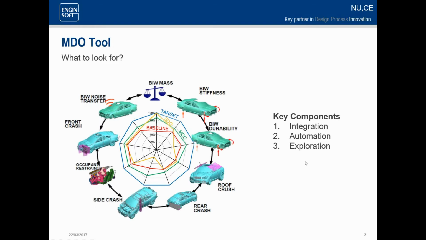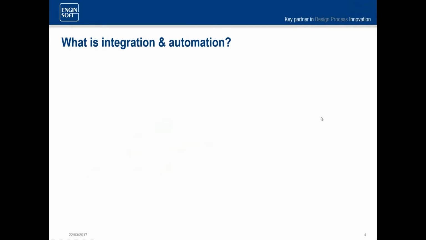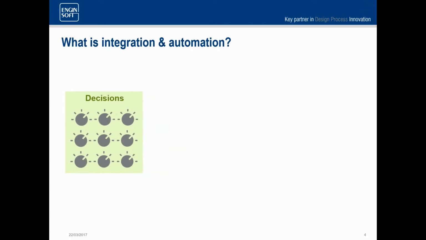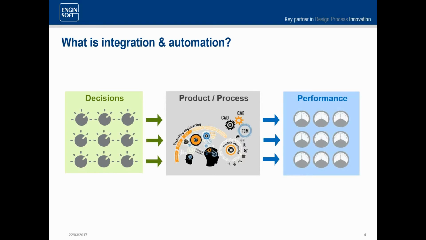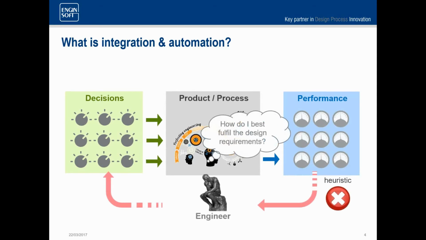The key things that enable us to do this are typically integration, automation, and exploration. So what is integration and automation? You have some decisions, you've got your product or process, which again could be CAE or some kind of test bed, and then you're looking at the performance coming out of that. Typically there's an engineer in the loop trying to understand the relationships between their inputs and their outputs.